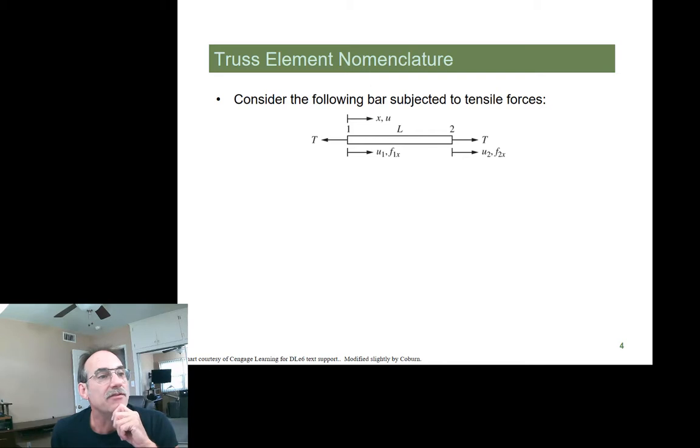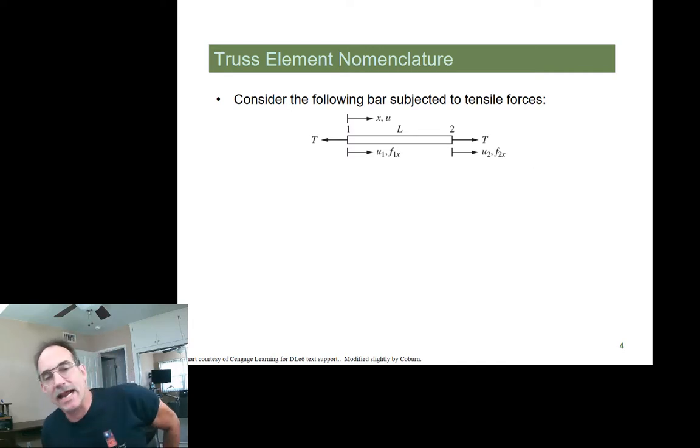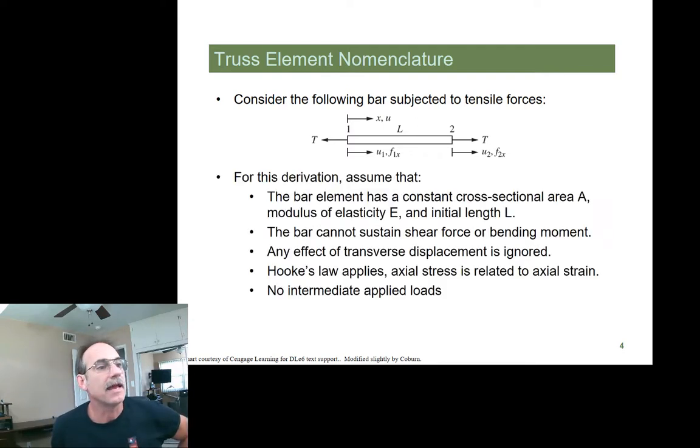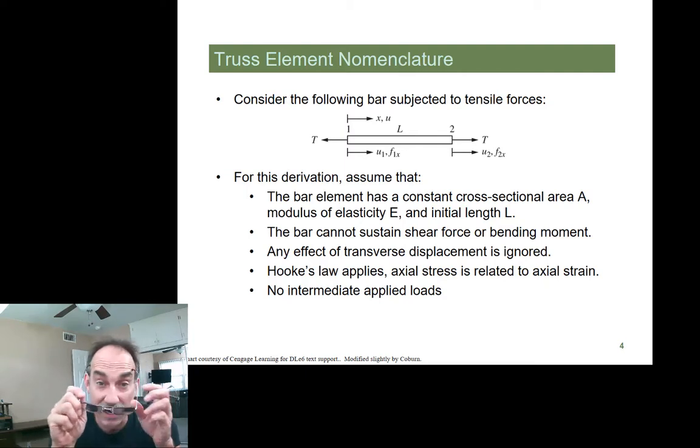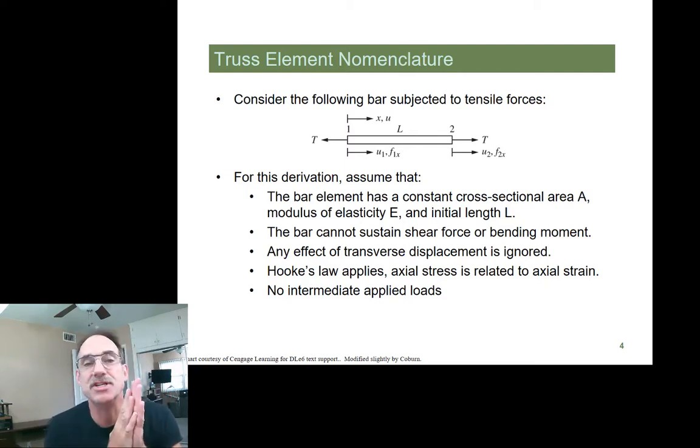Okay, so we have two ends, end 1 and end 2 at joints 1 and 2. We can talk about the displacements at those ends in local coordinates and the forces in those. We have a constant cross-sectional area. You can use the same approach for something that has a non-constant cross-sectional area by just using the average area.